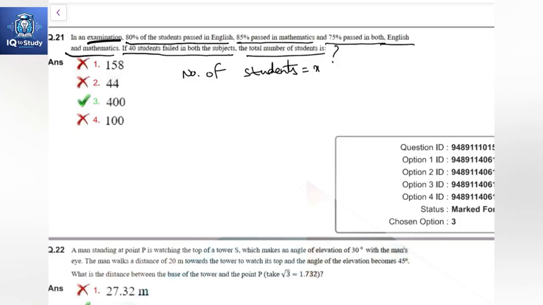Students passed in at least one subject is 80% of x plus 85% of x minus 75% of x.